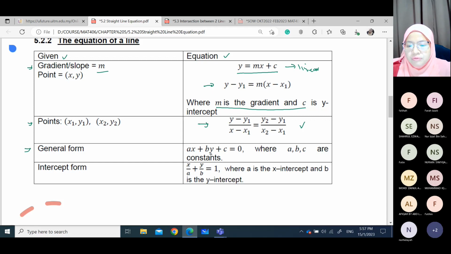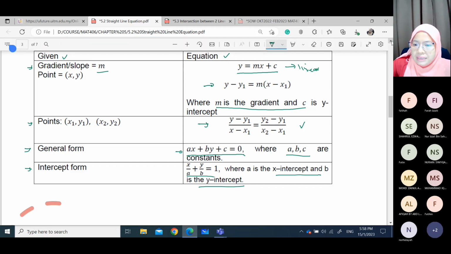So general form for this line is ax plus by plus c equal to 0, where a, b, and c are constant. Okay, so the intercept form is x over a plus y over b equal to 0, where a is the x-intercept and b is the y-intercept. So this is the info about equation of a line.